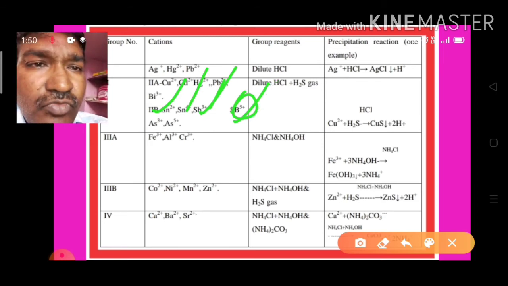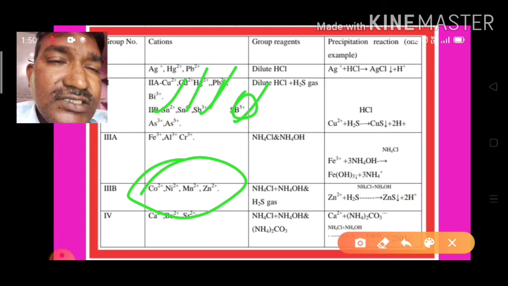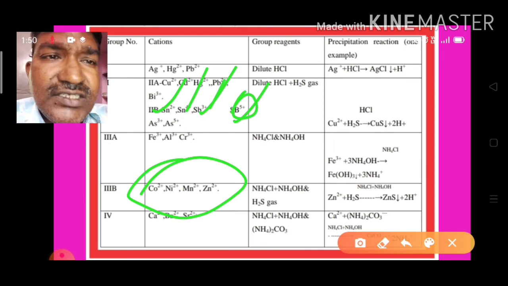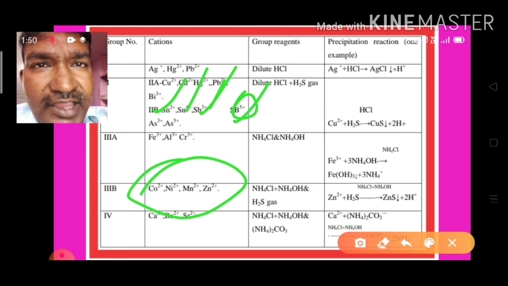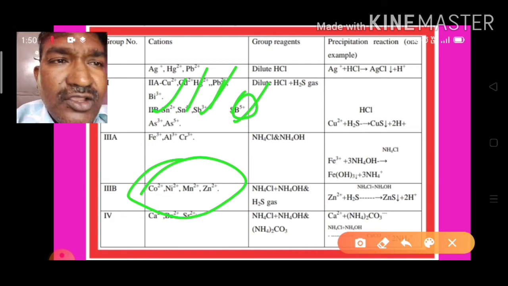Now we go for the fourth group cations. In the fourth group we have the cobalt, nickel, manganese, and zinc ions: Co2+, Ni2+, Mn2+, and Zn2+. Co2+ is known as the cobaltous ion. The group reagent is a mixture of ammonium chloride, ammonium hydroxide, and H2S gas.